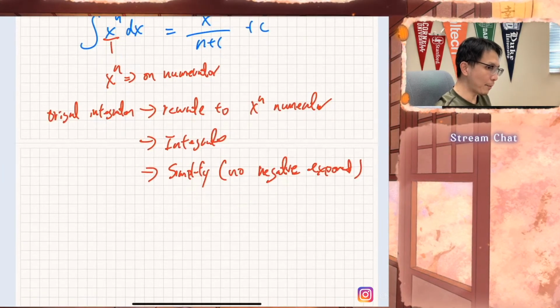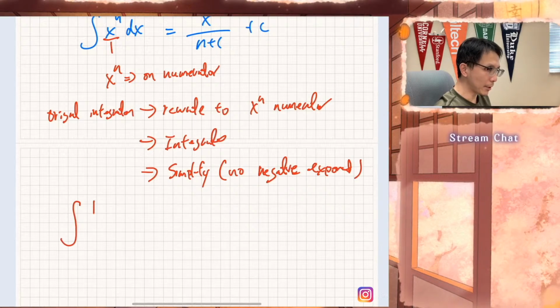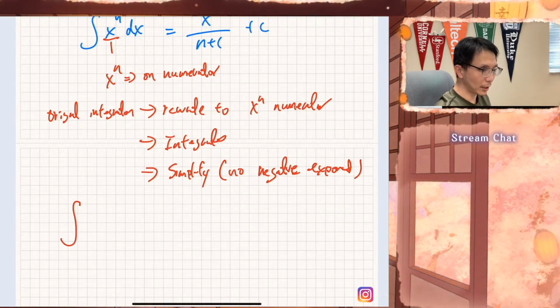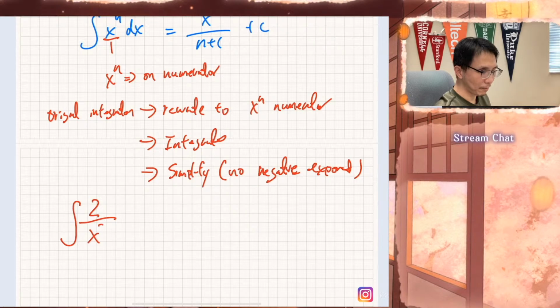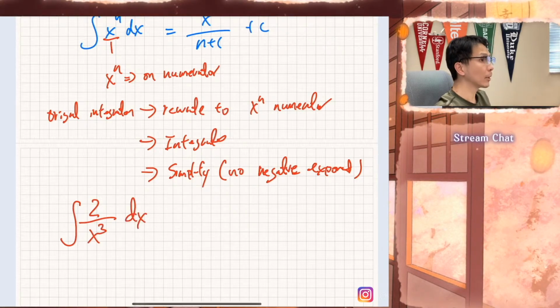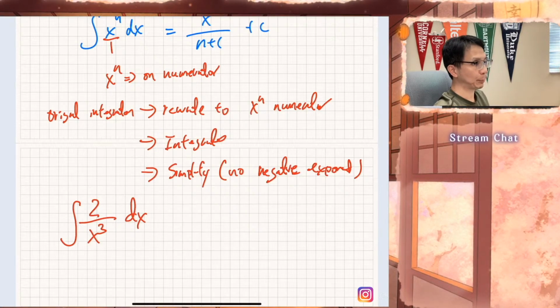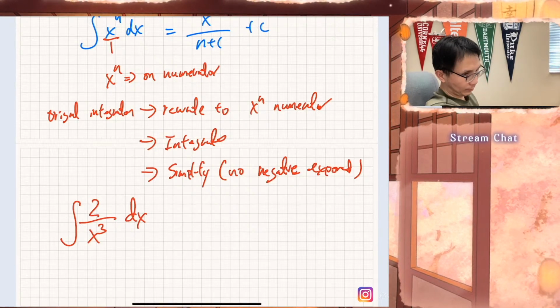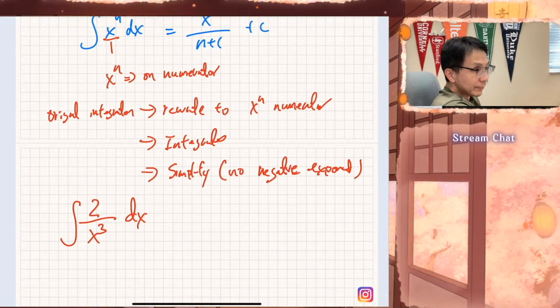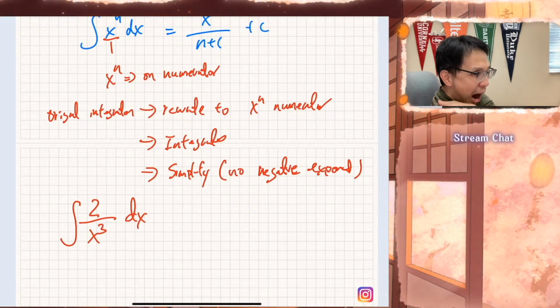And this is very important. So how about this? Can you take the integration of 2 over x to the 3? I can do it. You could, but don't want to.